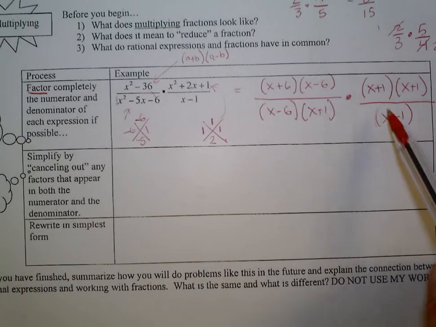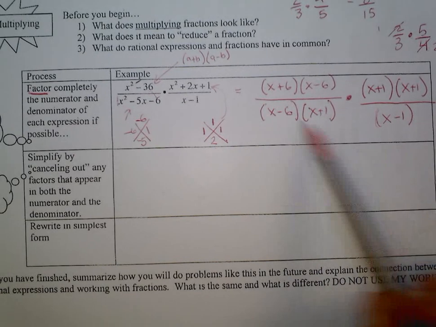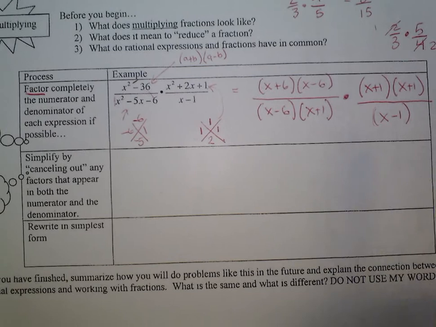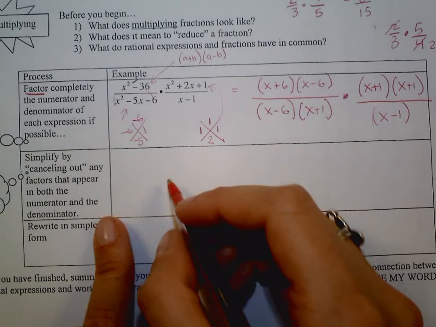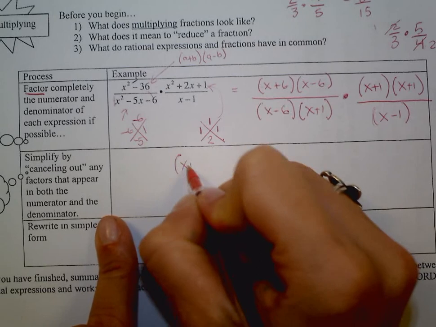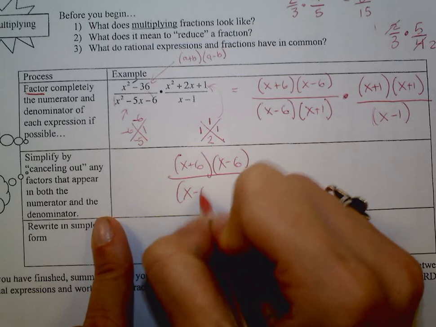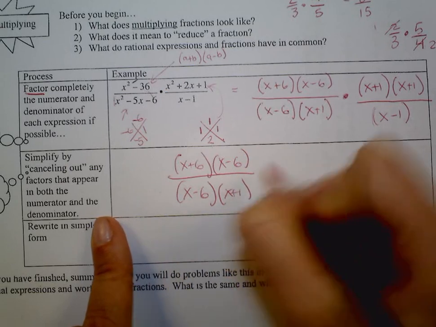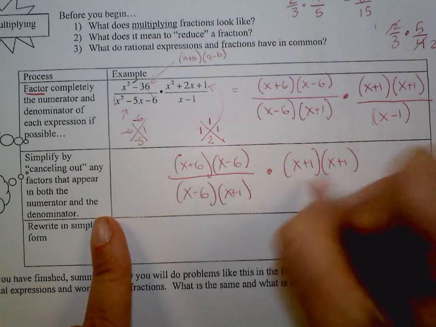I can only cross things out when everything is being multiplied by each other. So what do I have to cross out? I'm going to rewrite this down here. So I'm going to have x plus 6 times x minus 6 over x minus 6 times x plus 1 times x plus 1 over x minus 1.